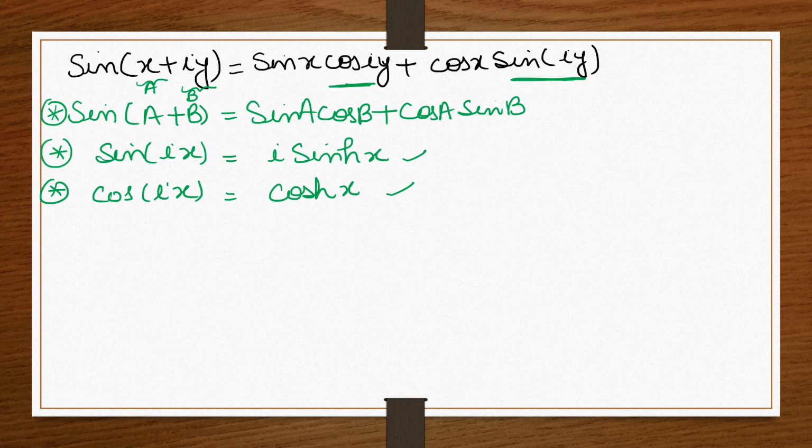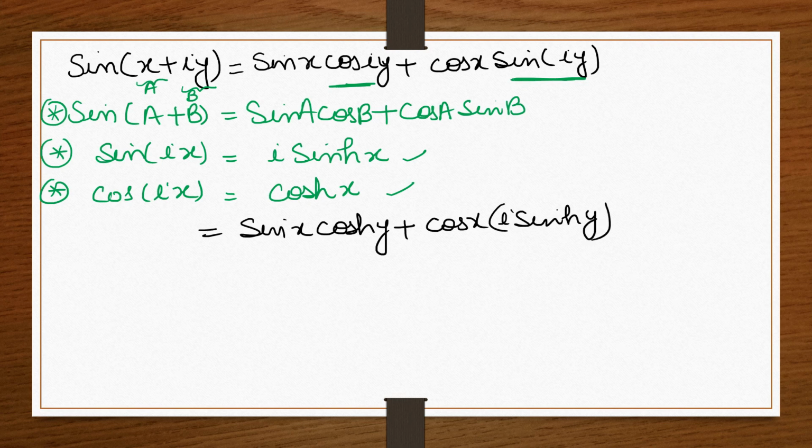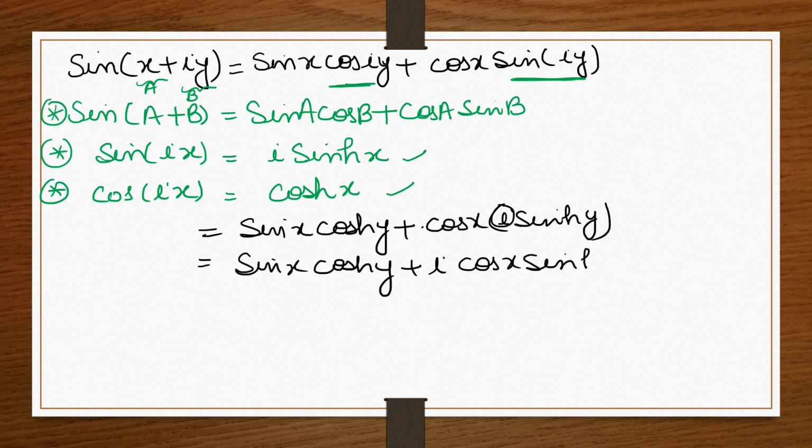So this is equal to sin x cosh y plus cos x iota sinh y. Now take this iota forward. So what you will get: sin x cosh y plus iota cos x sinh y, right?